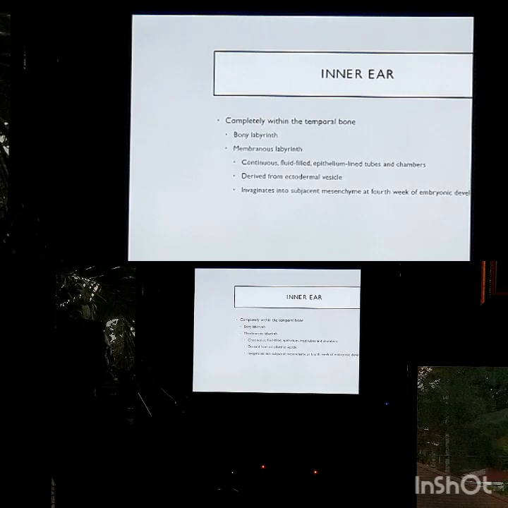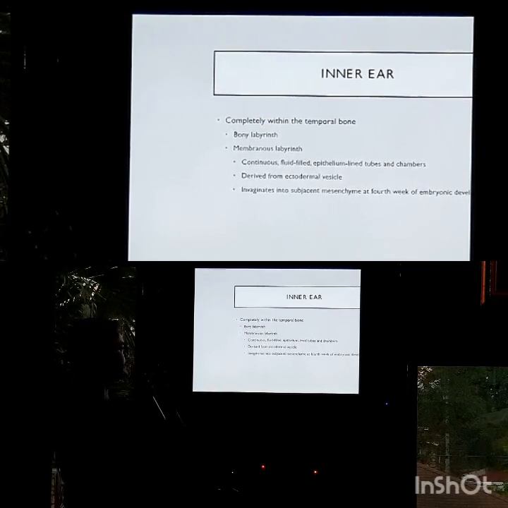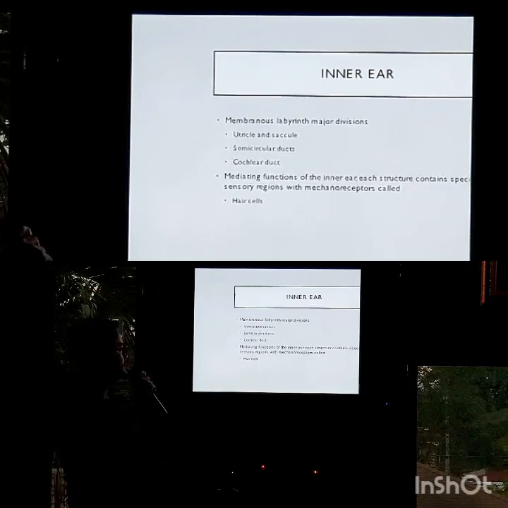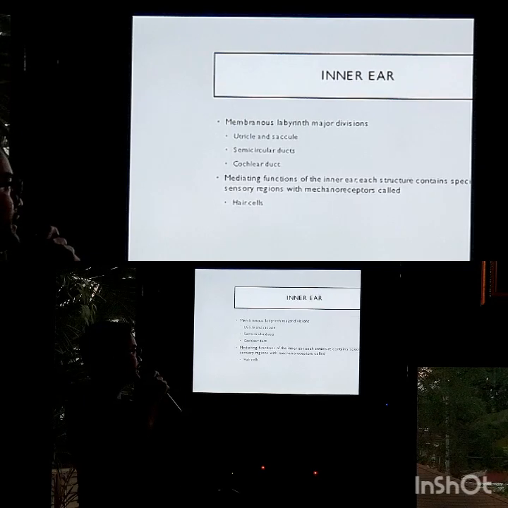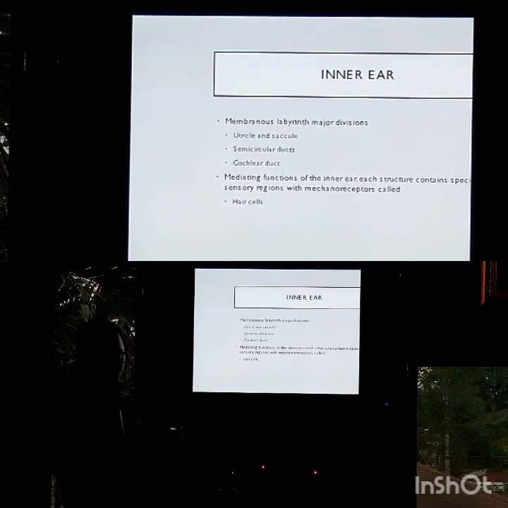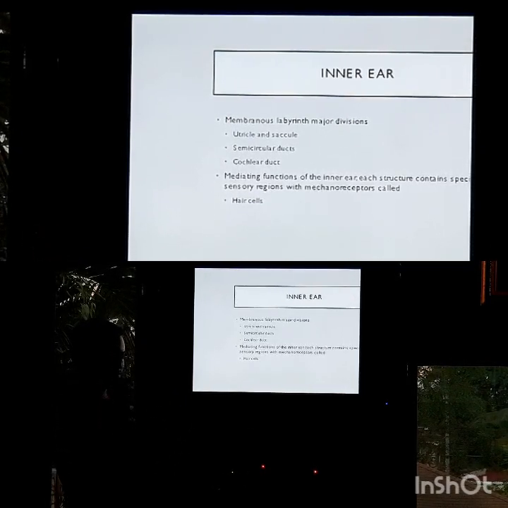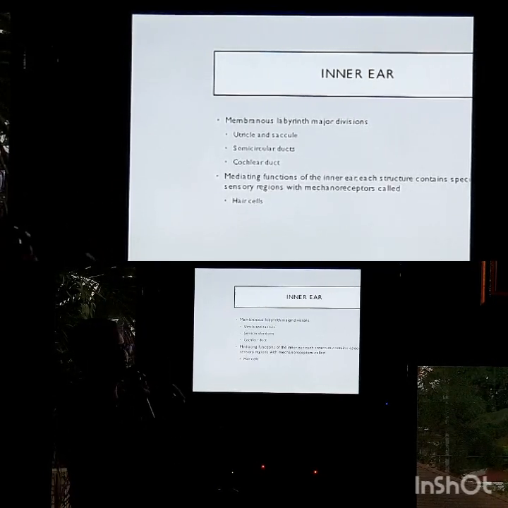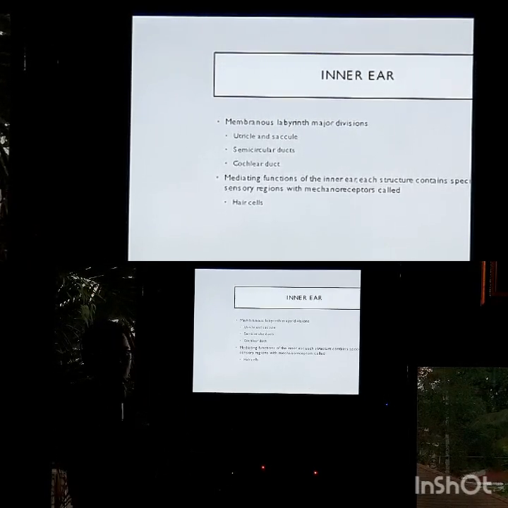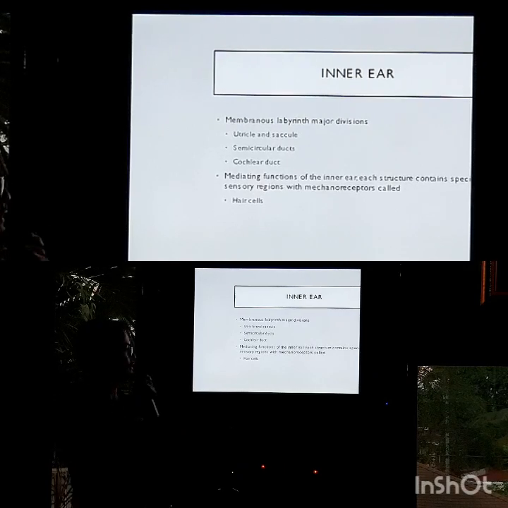fenestrations all around it. So here are the major divisions of the membranous labyrinth. You have the utricle and saccule, you have the semicircular ducts, and the cochlear duct. So basically three: utricle and saccule, semicircular ducts, cochlear duct. The first three, the utricle, saccule, and semicircular ducts, are responsible for balance, whereas the cochlear duct is responsible for hearing.